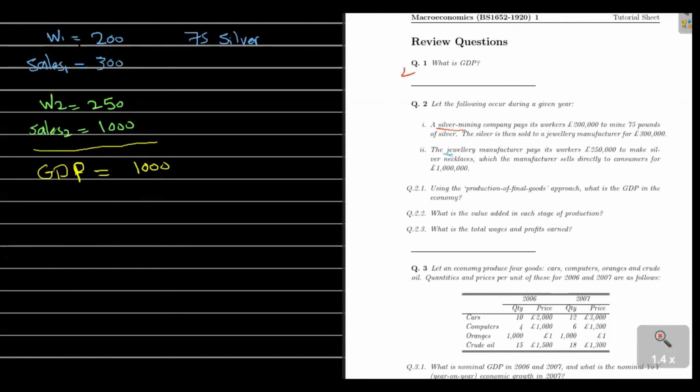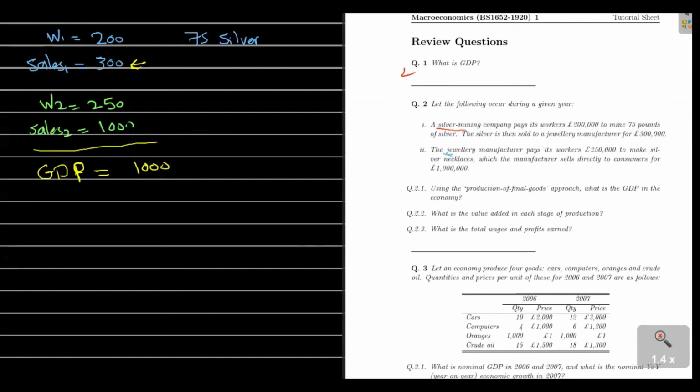It includes the 300,000 pounds of silver. So 300,000 pounds of silver is already included in the 1 million pound sales of silver necklaces by company 2.